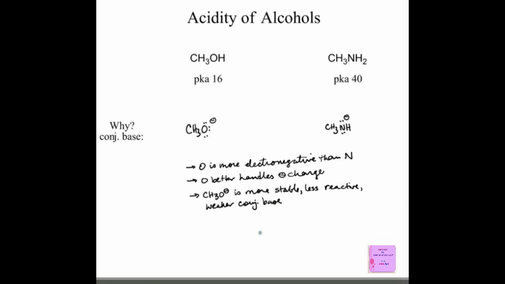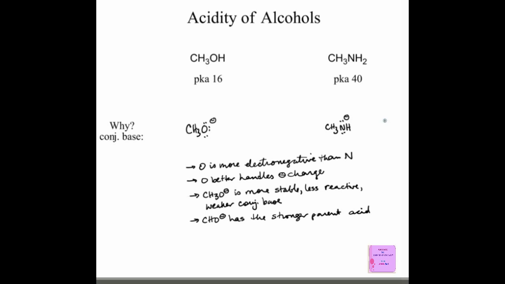And the weaker conjugate base has the stronger parent acid. So that can be our last comment. CH3O- has the stronger parent acid. And is that what our pKa data tell us? Sure. Again, pKa of 16 versus 40, that's a difference of 24 units. That's cajillions of times more acidic, having a hydrogen on oxygen compared to a hydrogen on something like a nitrogen.